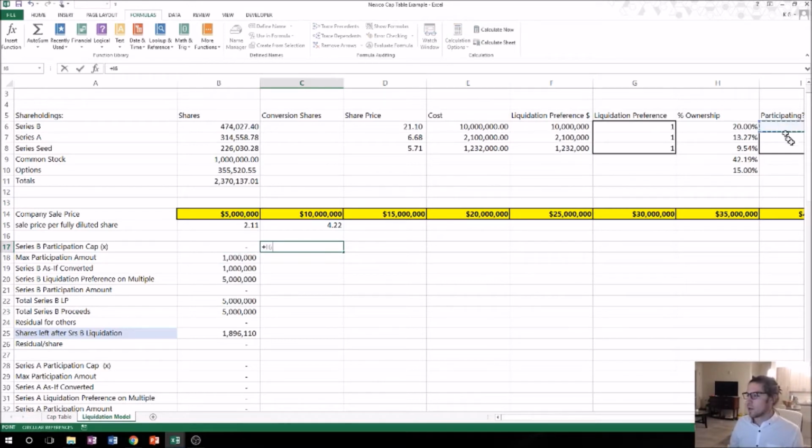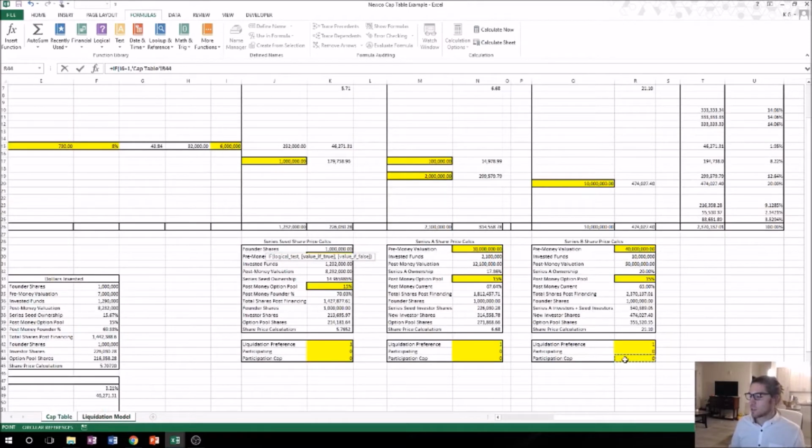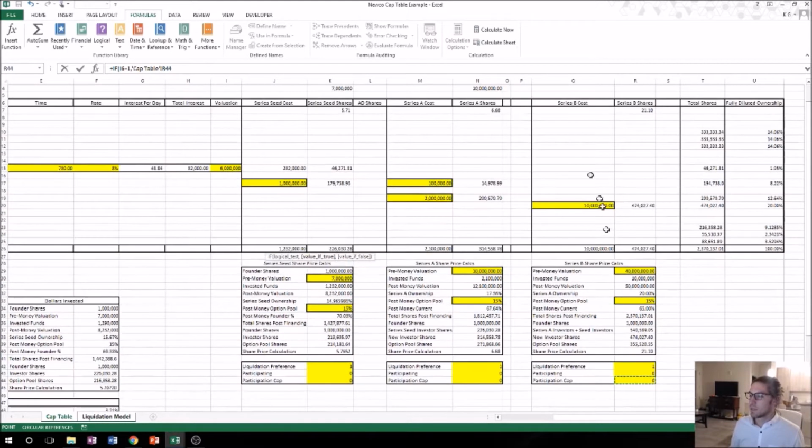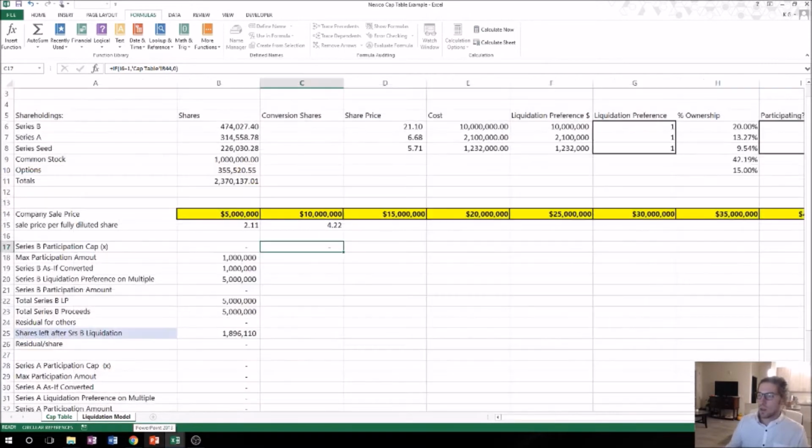So we'll say if Series B is participating, so if it equals 1, then come over here and get the participation cap from the column on the cap table that is for Series B right here. Otherwise, put a 0 there and we'll hit enter.